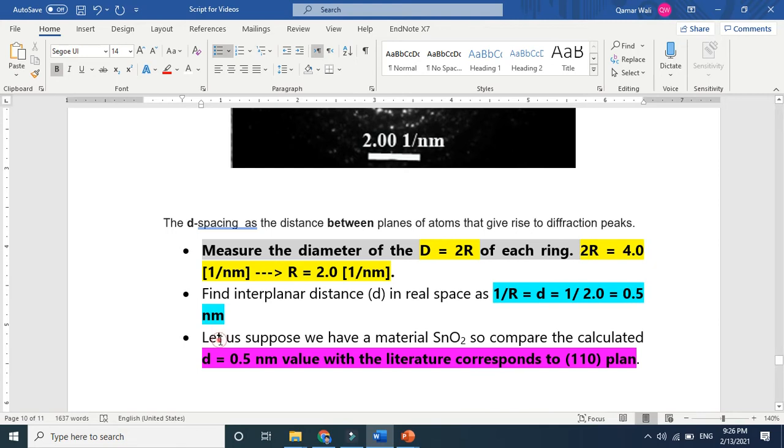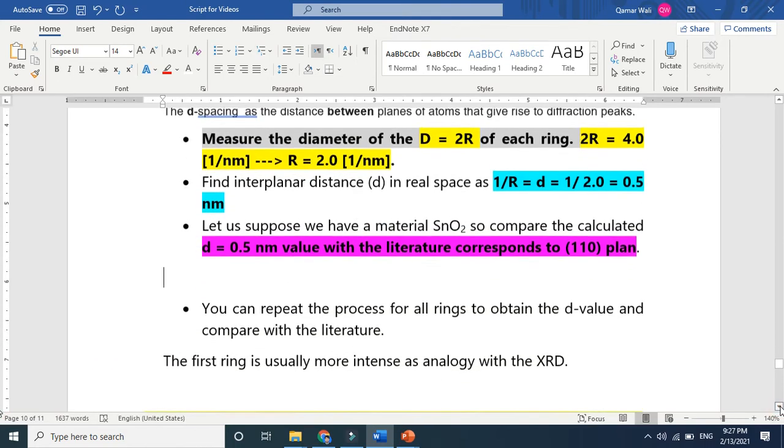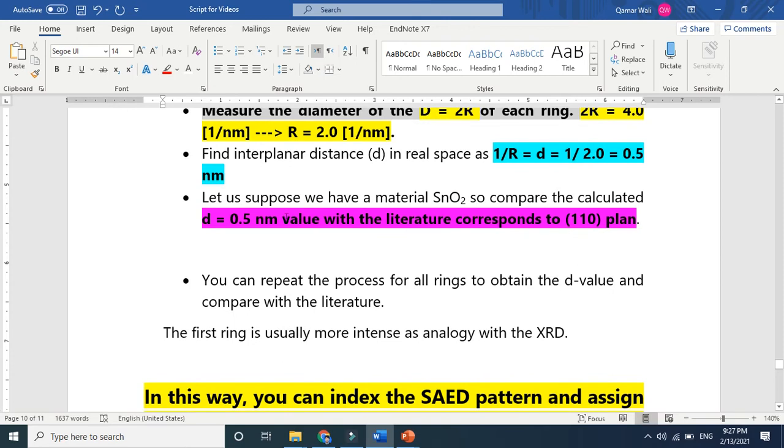Let's suppose we have this material, and we know from the literature that the 110 plane corresponds to this distance, because we know from the literature, right? So this is how we find the HKL values very easily.